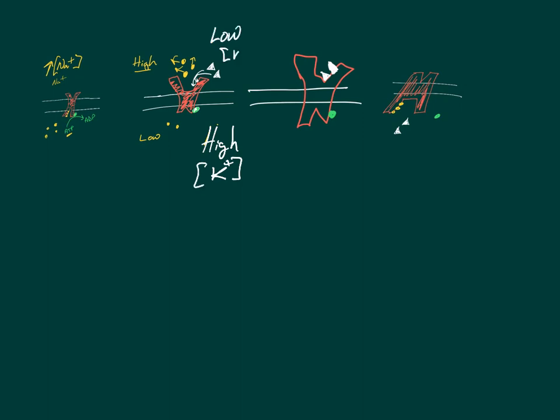So you see that? Absolutely not. In this example, you have both potassium and sodium going from low to high, and you're using ATP to make that happen. Are we good? All right. That's a really great question, a very important question, and that's active transport.